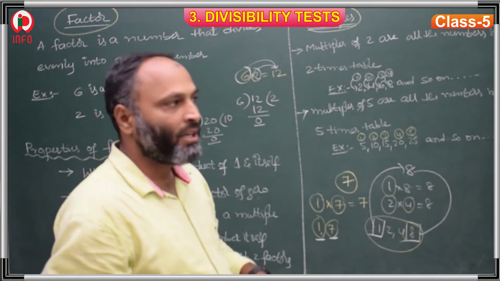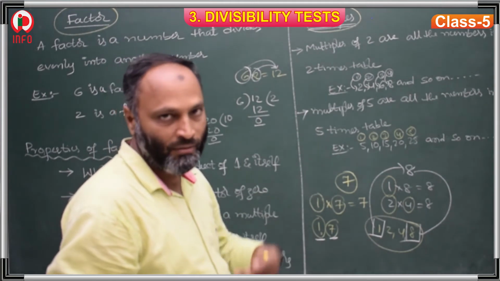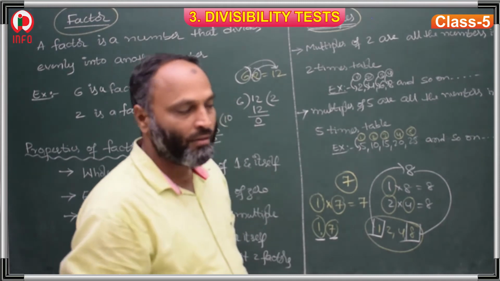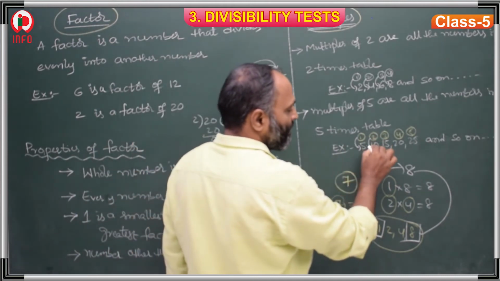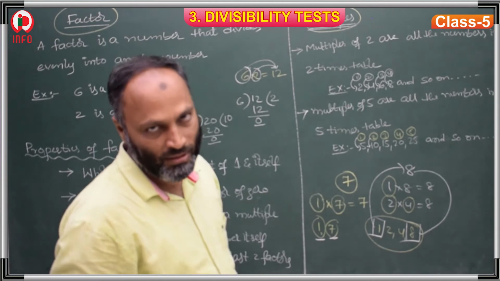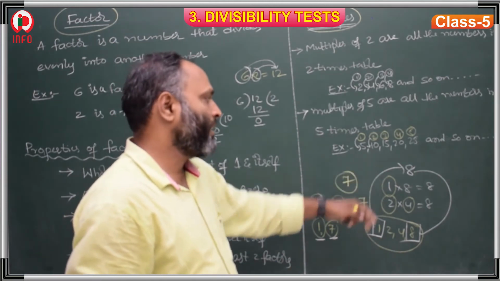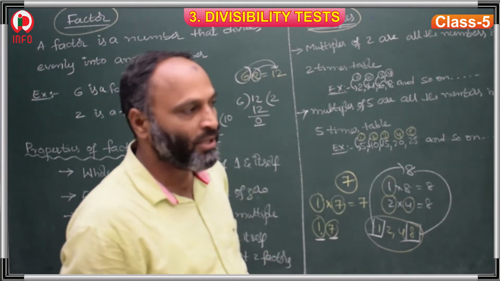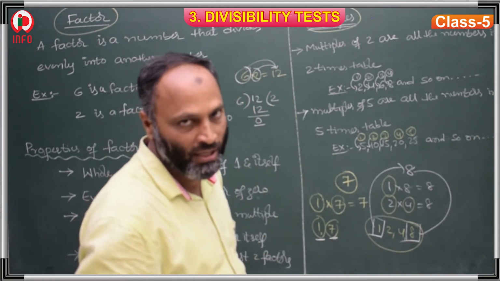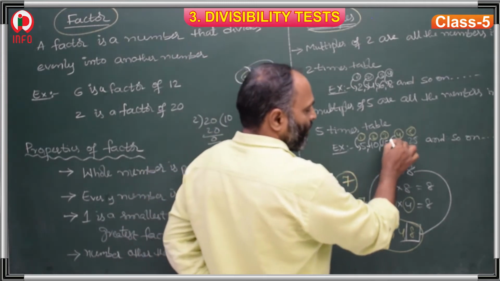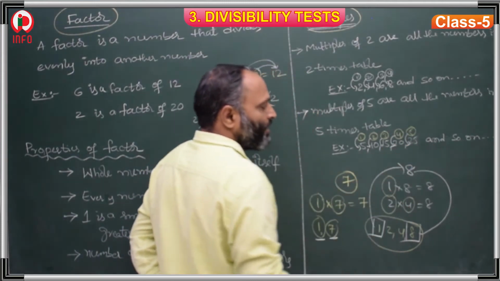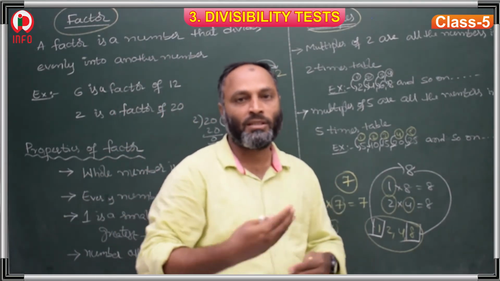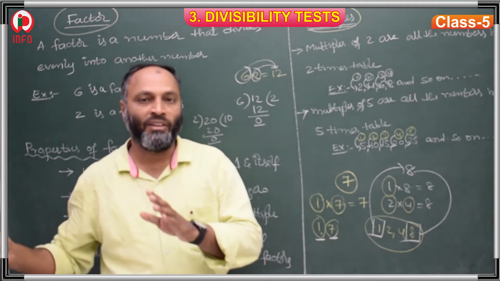If it is the 5 table, we make it 5 times. 1 increased 5 times gives 5. 2 made 5 times, 2 plus 2 plus 2 plus 2 plus 2, gives 10. 3 five times is 15. 3 plus 3 plus 3 plus 3 plus 3 means 5 times. 4 five times is 20. 5 five times is 25. In the 5 table we have to increase a number 5 times. Then we will get the multiples of 5.